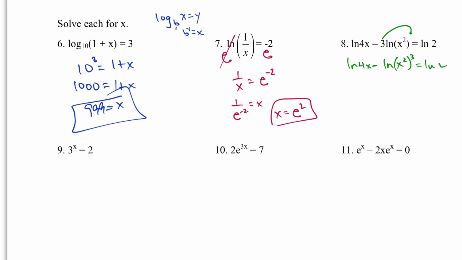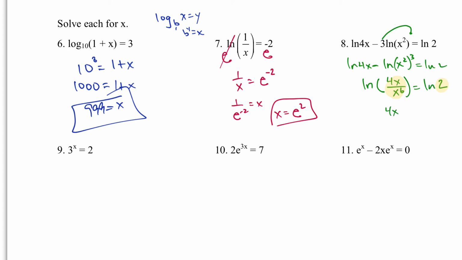All right, over here, this is subtraction, so I can combine them into one ln, and I can say that this is 4x over x to the 6th equals ln 2. Now, notice they're both ln. Now, I could say e to this power, e to that power, and it'll get rid of them. But you could just take a look at this and say, oh yeah, I see what's going on here. This is just this. So set that equal to itself over here.